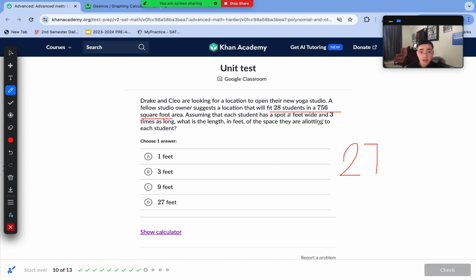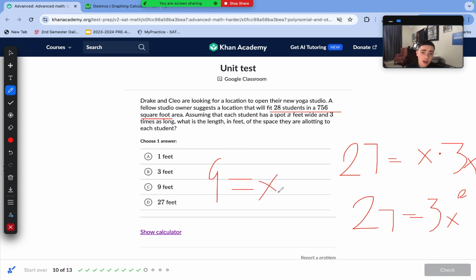That means this 27 is going to be equal to x times 3x, since area is equal to the width times the length, which is 3x. So 27 equals 3x squared. Now we can just solve for x. We divide by 3 on both sides and are left with 9 equals x squared, and then we square root both sides, which means x equals 3.